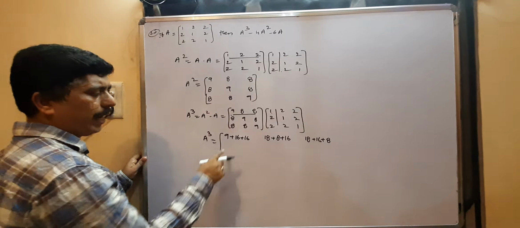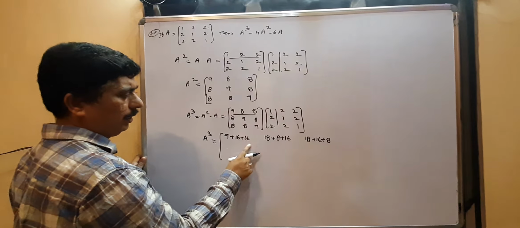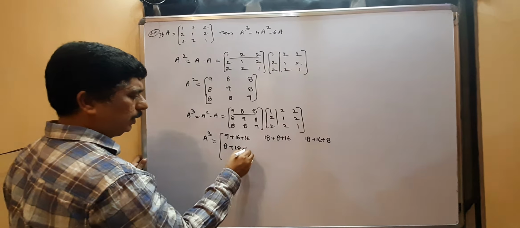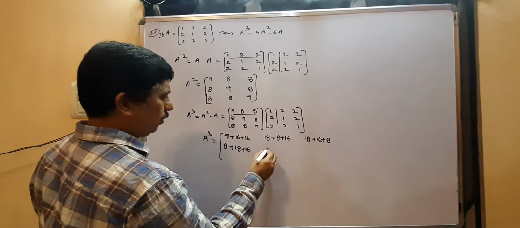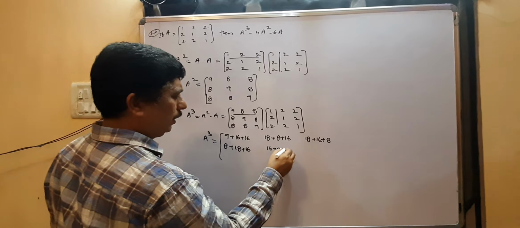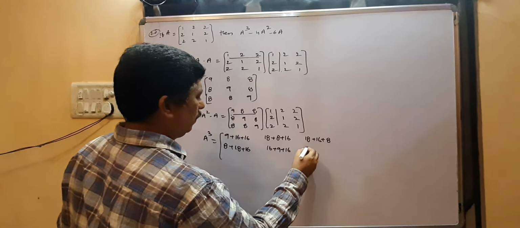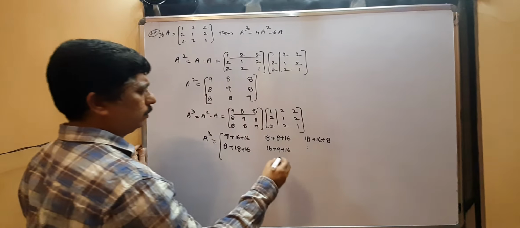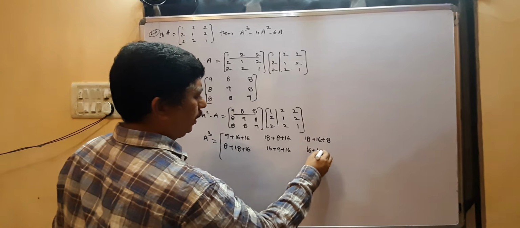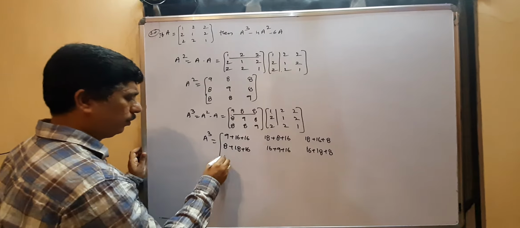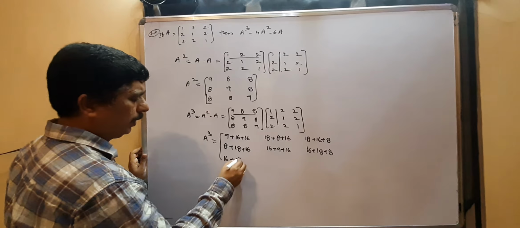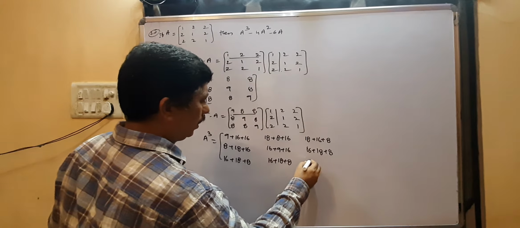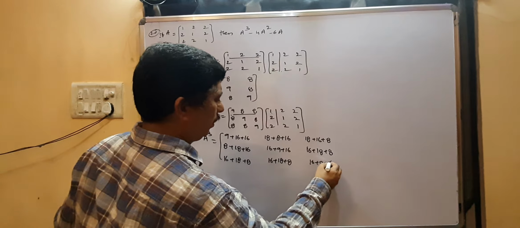The diagonal elements will be 9 plus 16 plus 16, the remaining are the same, 8 plus 18 plus 16, and so on for the second row and second column.